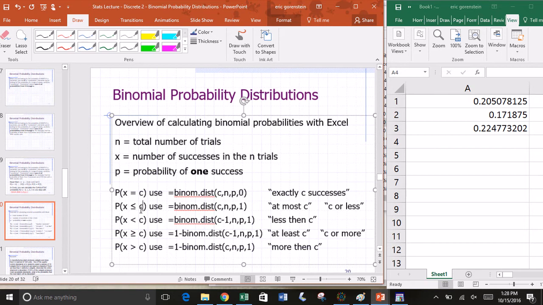But if you want a range of values, you would apply the cumulative function. So less than or equal to c means everything from 0 up to c. Or strictly less than c, you want everything from 0 up to 1 less than c. Greater than means to the right. So in both of these cases, you would use the complement of the cumulative binomial function.